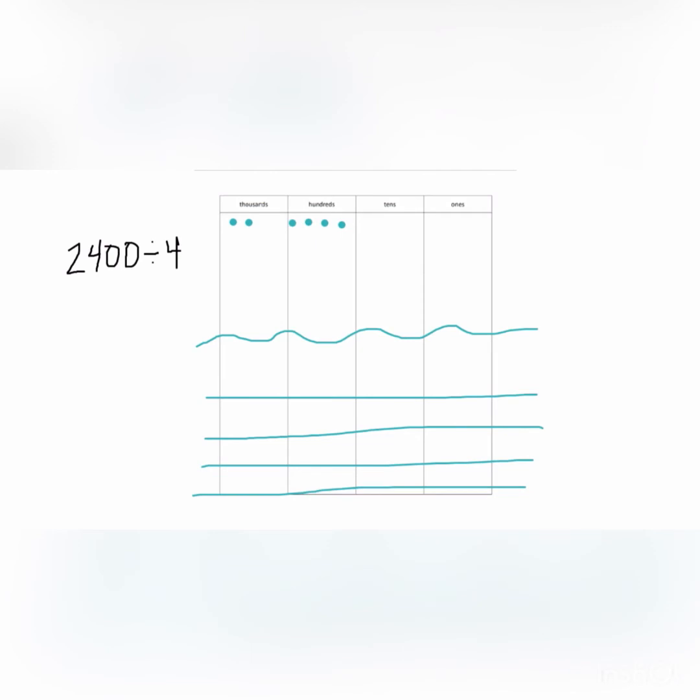My next step is to start with my highest place value, which is the thousands, and to put one disc on each line until I can no longer split them evenly. But I notice I only have 2 discs, which I can't split between 4 lines. So I have to break those 2 thousands down into 20 hundreds.